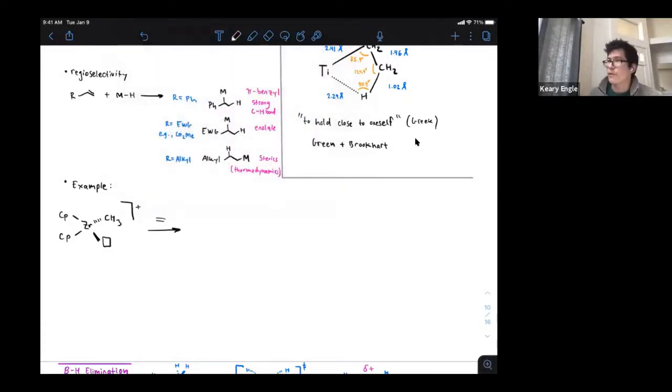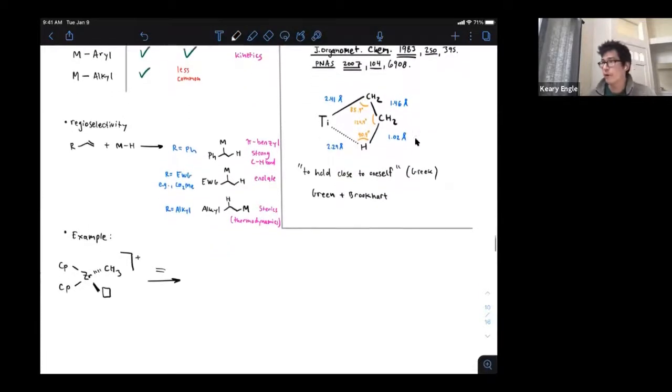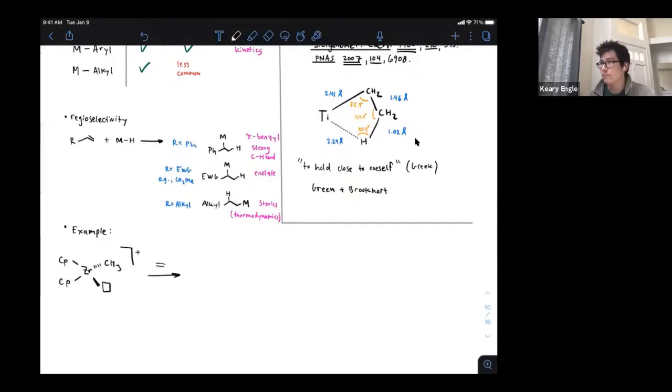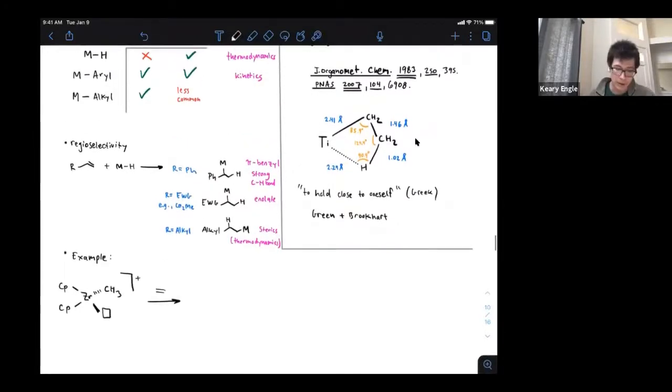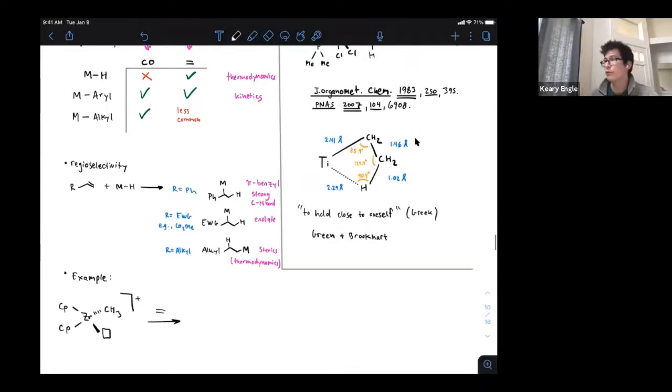So we had talked about some of the general properties of 1-2 migratory insertion, how it's typically favored for metal hydride or metal aryl as opposed to metal alkyl, although metal alkyl is still possible. And this reactivity trend is a little bit different than what we saw in terms of migratory aptitude into CO groups in 1-1 migratory insertion.